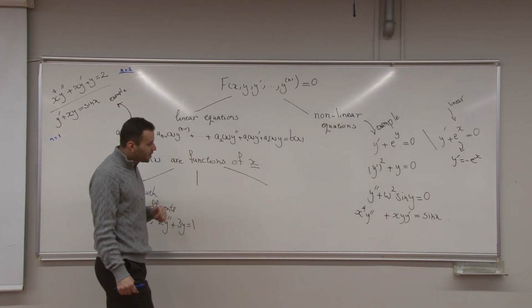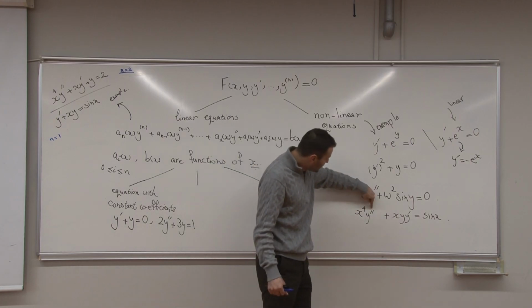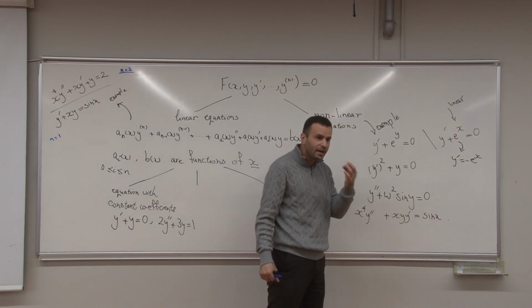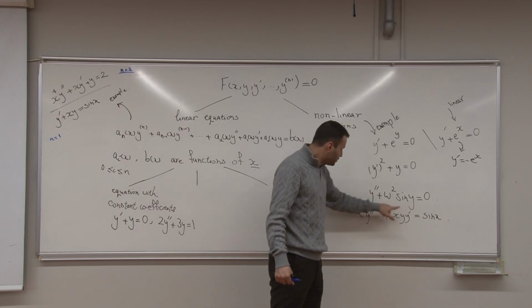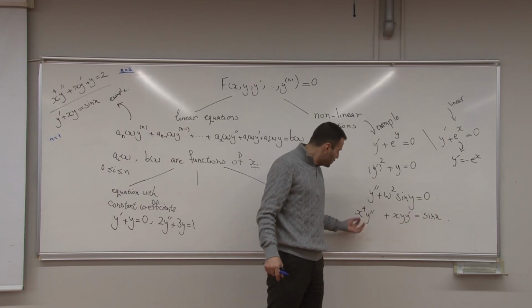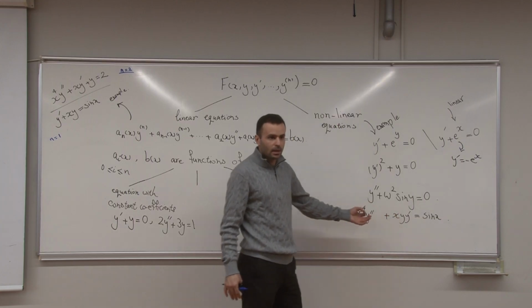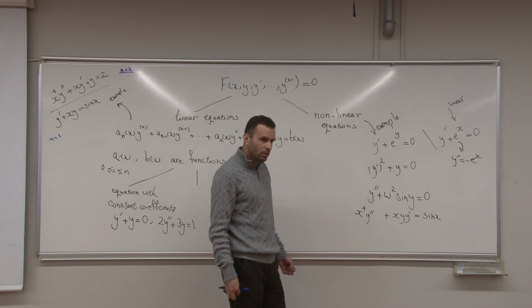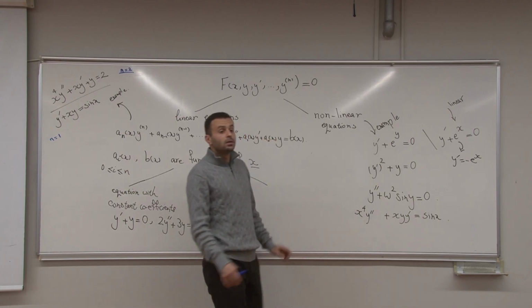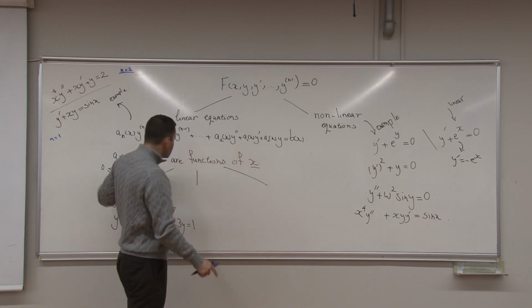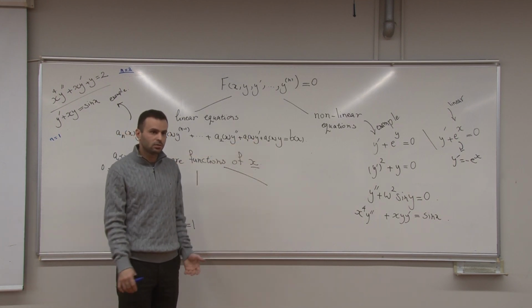Because the coefficients of derivatives of y, which come in power 1, all of them, must be functions of x. So basically, if you have any kind of y as some kind of multiplier, then it's not linear for this case. If it is in this form, it is linear. If it is not in this form, it is not linear.